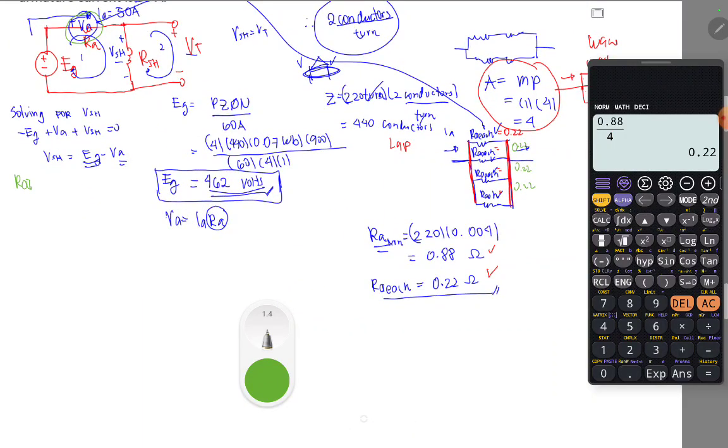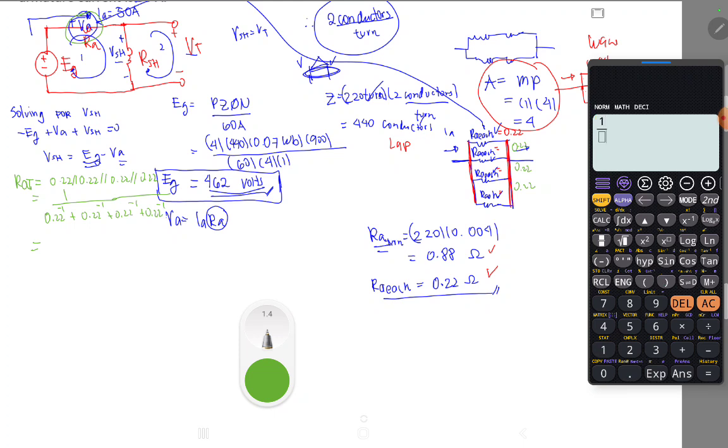So RA total will be equal to the parallel combination of 0.22 in parallel with 0.22 in parallel with 0.22 in parallel with 0.22, which is equal to 1 over 0.22 raised to negative 1 plus 0.22 raised to negative 1 plus 0.22 raised to negative 1 plus 0.22 raised to negative 1.